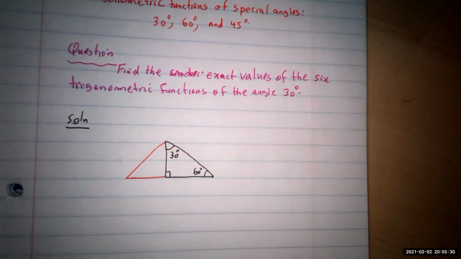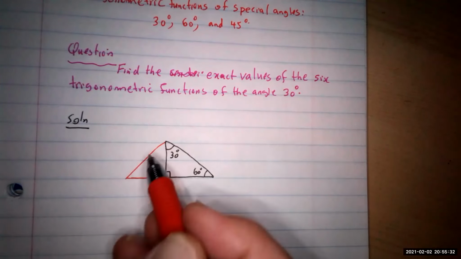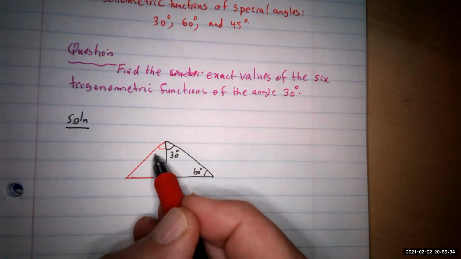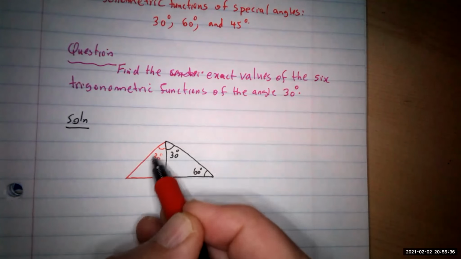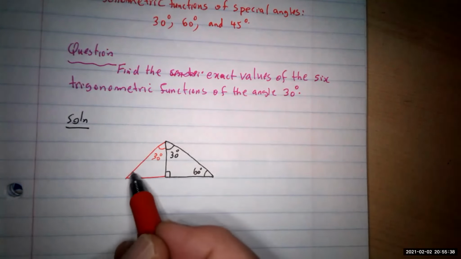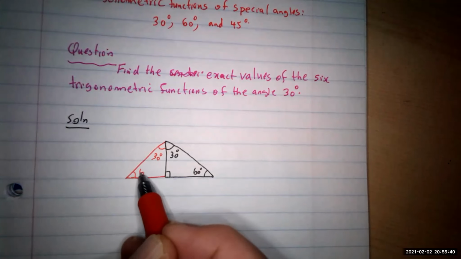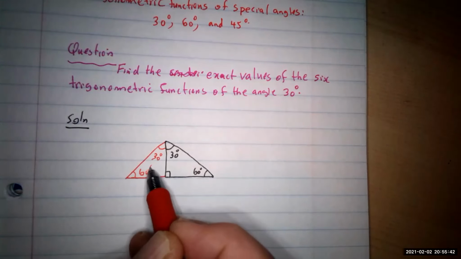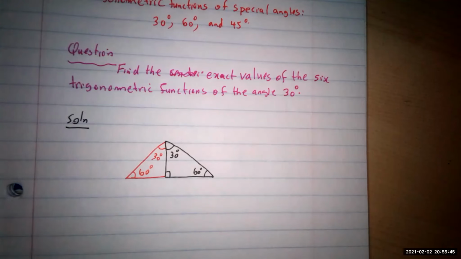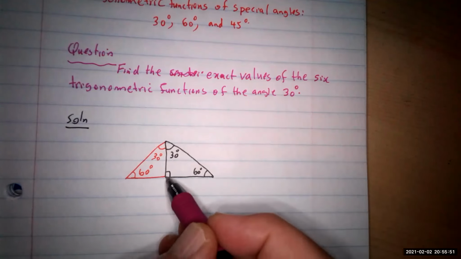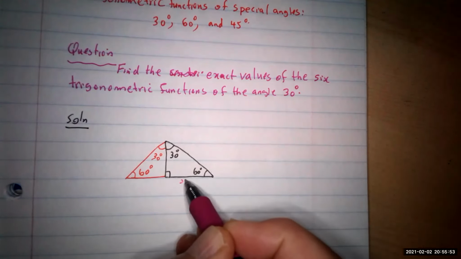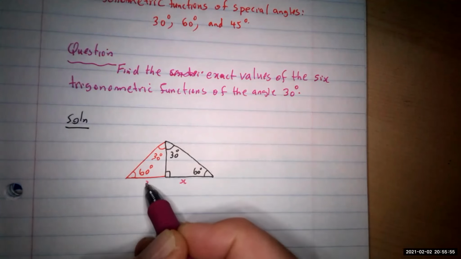So this is also 30 degrees, and this is 60 degrees. If this length is x, this is also x.